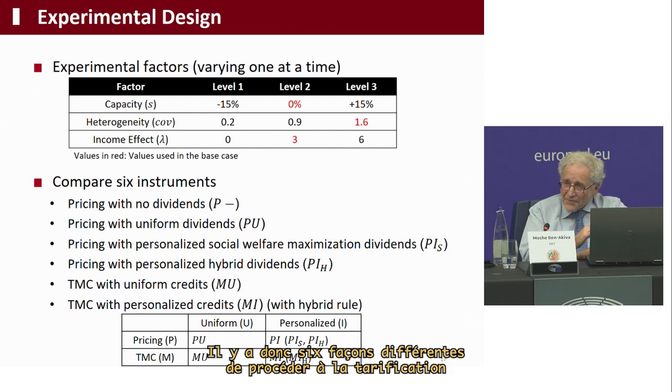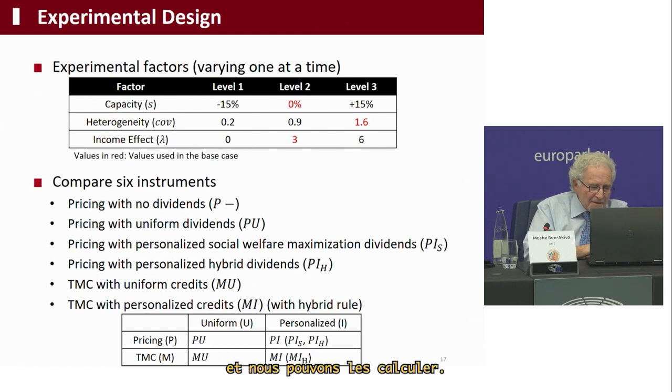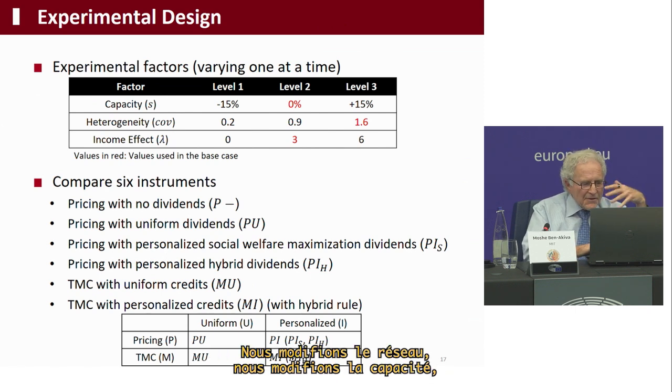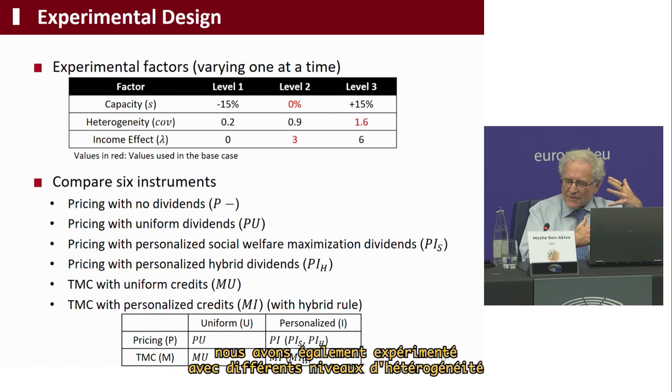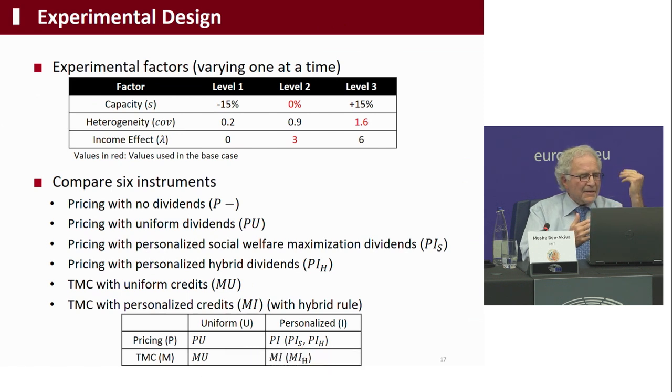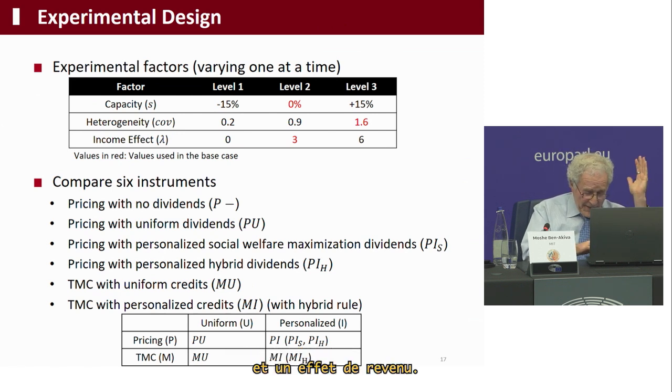So 6 different ways in which we can perform the pricing, and we also change the network, we change capacity, and also experimented with different levels of heterogeneity and income effect.